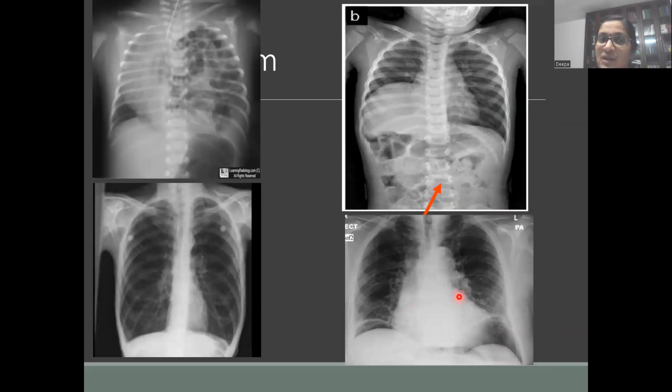So coming to the D part, that is the diaphragm. Look for the dome of the diaphragm, the intactness of the diaphragm, and the position of the diaphragm. Normally both the diaphragms are supposed to be at the same level. The right diaphragm can be at a higher level than the left, but not to this extent. If you see this X-ray, the right diaphragm is much higher up when compared to the left dome of the diaphragm.